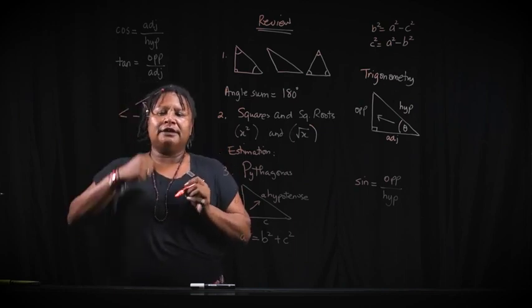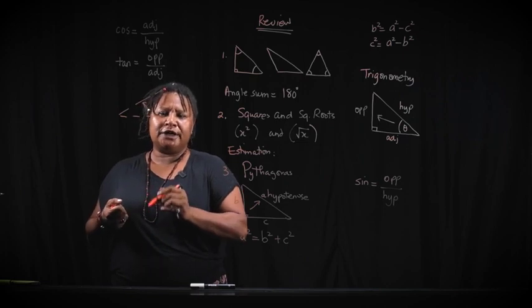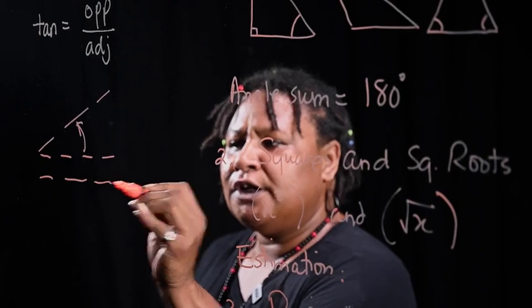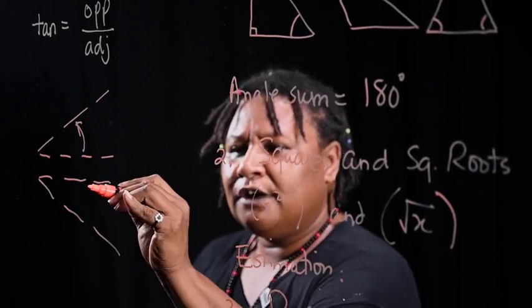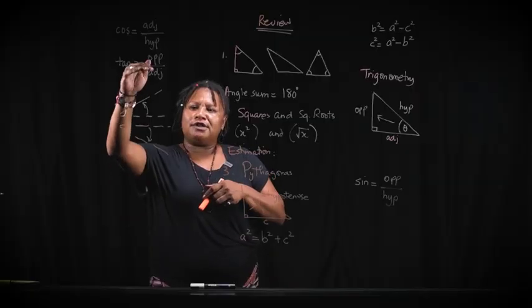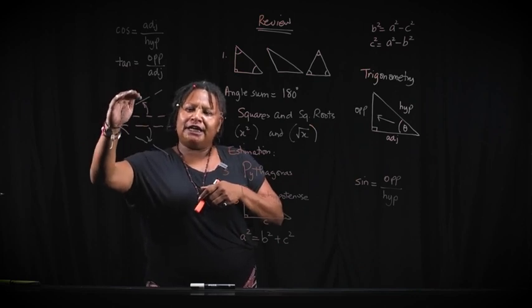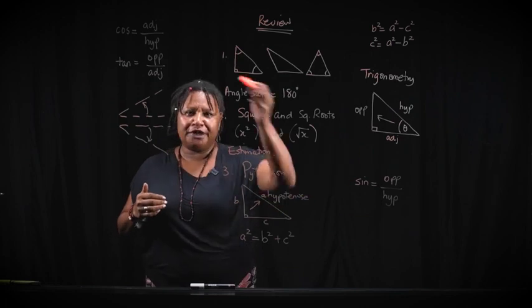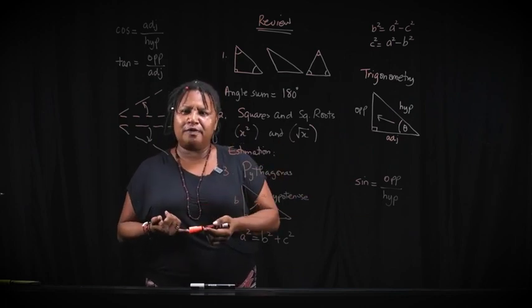So this is an angle of elevation. And an angle of depression is formed when you are looking downward. Angles of elevation and depression are practical applications of the three ratios that we have looked at so far.